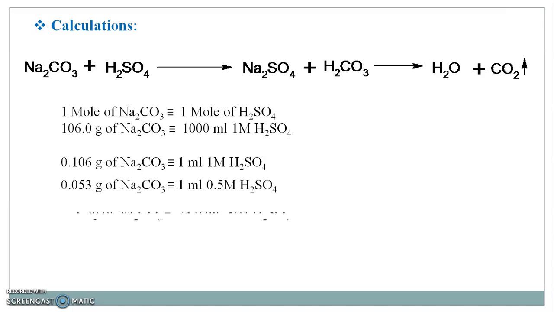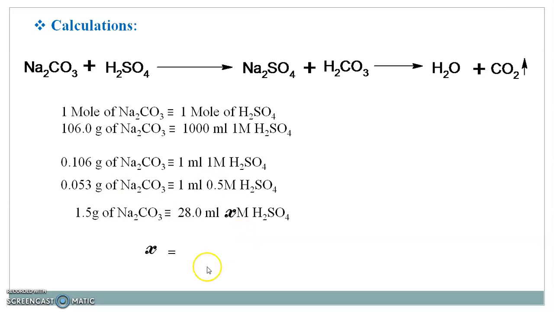Now we have taken 1.5 gram of sodium carbonate, which is equivalent to 28 ml, which is nothing but the burette reading, and now we want to calculate the molarity. So here we consider x molar sulfuric acid solution. Now you just make a cross multiplication.